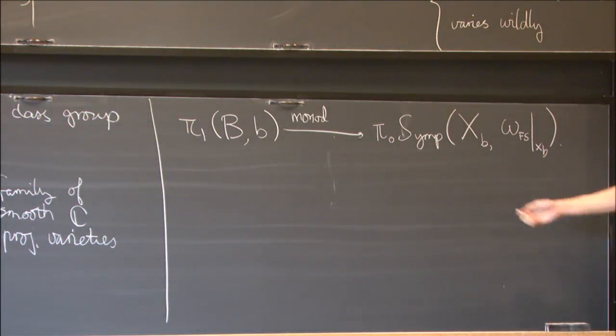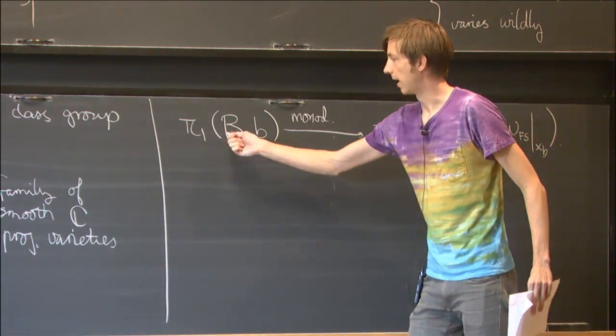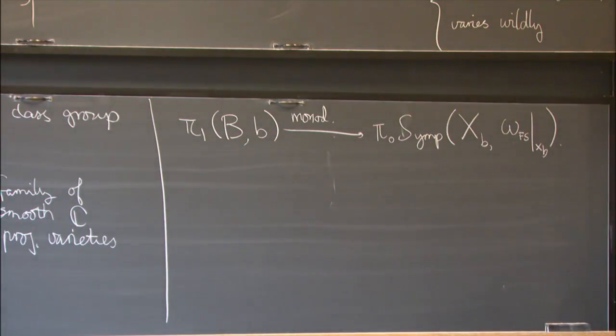And we have a monodromy map from pi1 of the base into the symplectic mapping class group of the fibers.